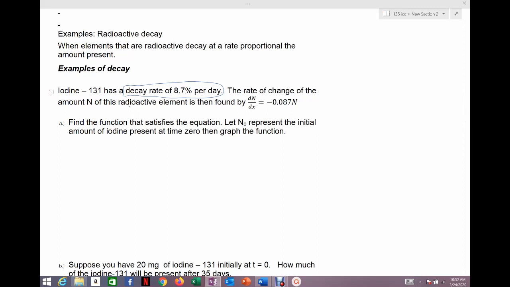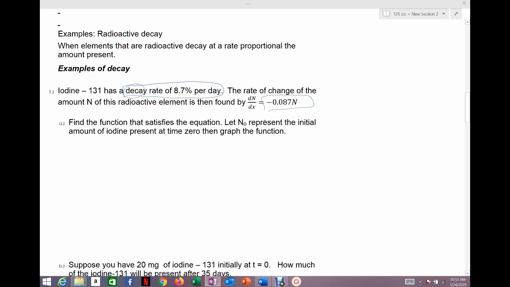Therefore, it satisfies the differential equation: the rate of change in our quantity, our iodine, per time is negative because it's decay, right? That's what makes it negative. Write our decimal instead of a percent, times N, which would represent whatever quantity we have. All right, so there's my exponent. Again, same thing that we did in the last set.